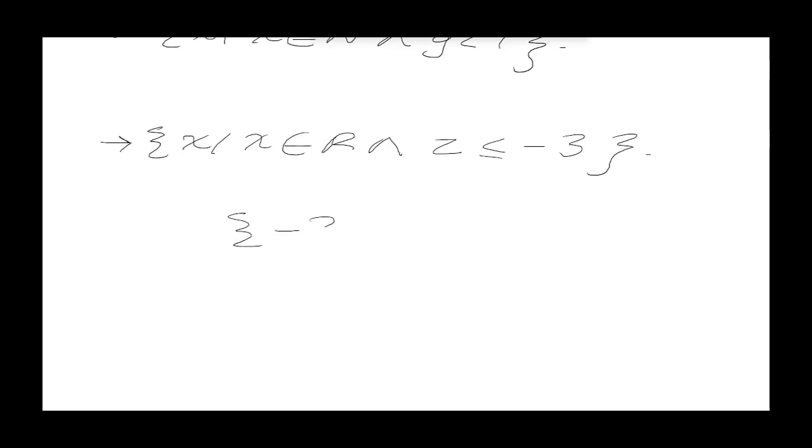We can simply write the bracket and then inside x such that x belongs to the set of real numbers and z is less than or equal to negative 3. This means that the values will be negative 3, negative 4, negative 5, negative 6, and so on.